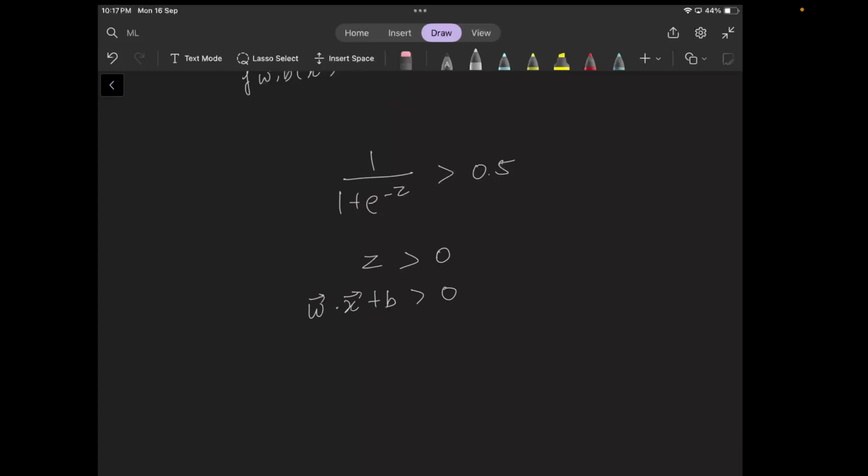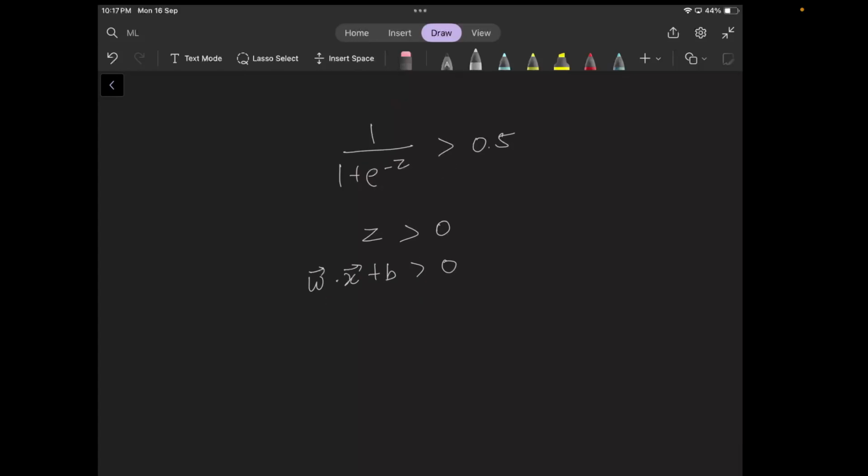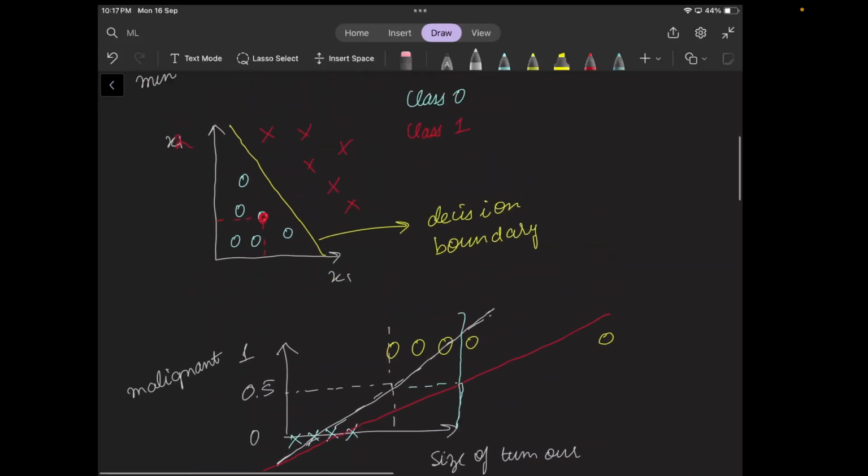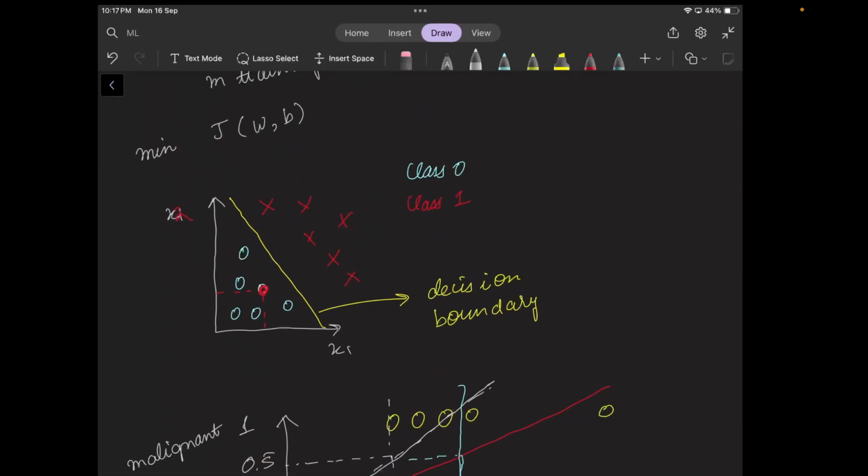So w dot x plus b is greater than 0. Now let's say we have the input features x1, x2, the case where I mentioned above. So let's say this is the input. In this case, I said that w dot x plus b should be greater than 0 for y hat to be 1, because in this case my f of w comma b of x would be greater than 0.5.